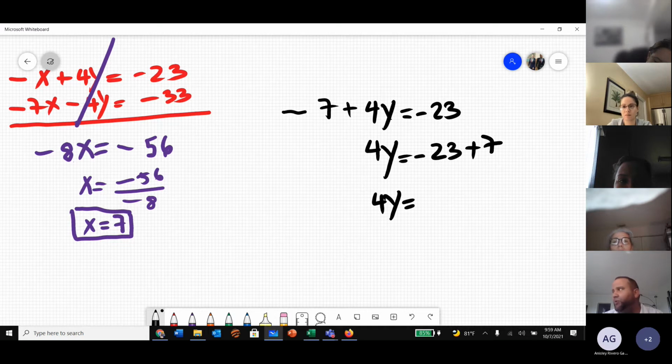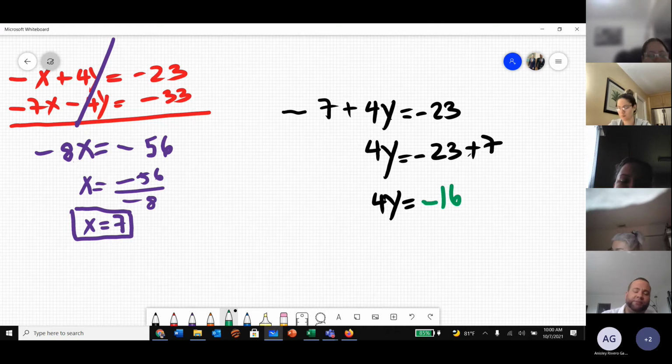How much is negative 23 plus 7? Negative 23 plus 7. Subtract 7. 16. Negative 16. Remember, when we have two numbers with different signs, we need to subtract them and keep the sign of the number that has the higher absolute value, which in this case is 23 and is negative. The solution here is negative 16.